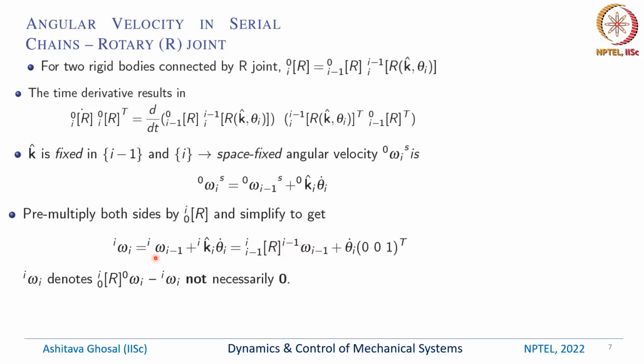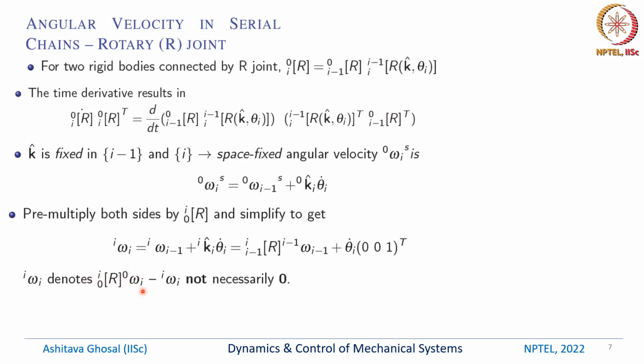Okay, so one important thing in this equation is that this ^i omega_i is not necessarily 0. What is ^i omega_i? It is nothing but the angular velocity of the rigid body i with respect to the 0 coordinate system, but expressed in the ith coordinate system.